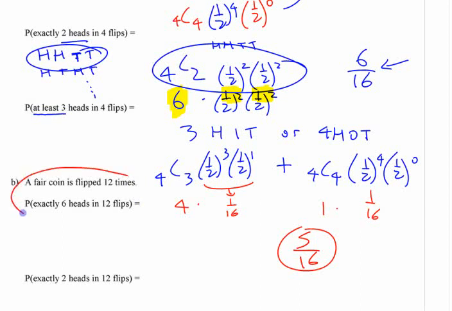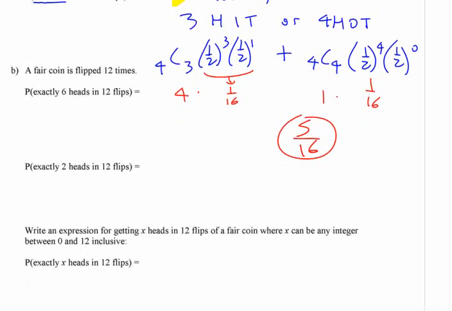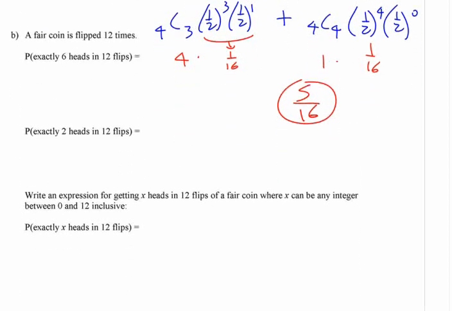If we were doing this 12 times, you could still figure this out. I want you to look ahead here. Exactly 6 out of 12, you can write an expression and figure it out. Exactly 2. Give me a question that would be a lot of work here, that we could write out and then cross out because it's too hard.